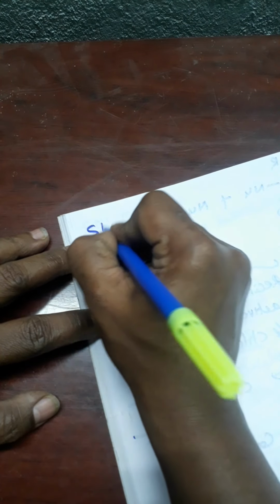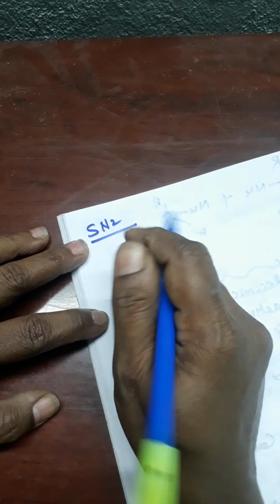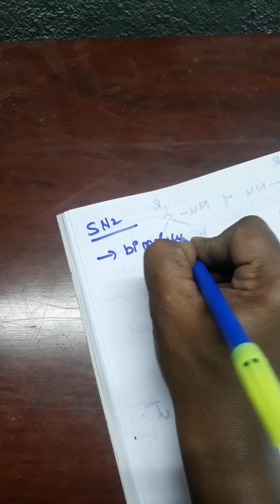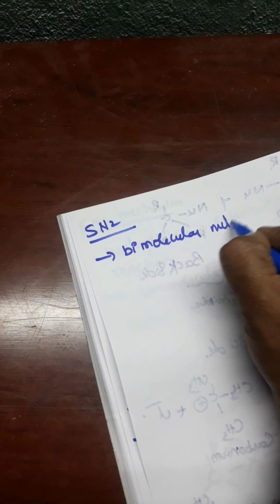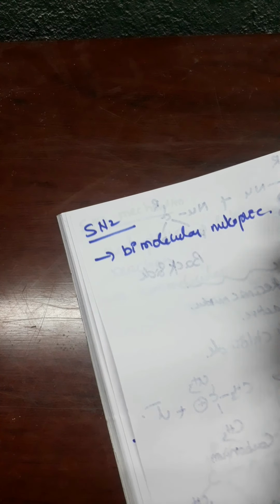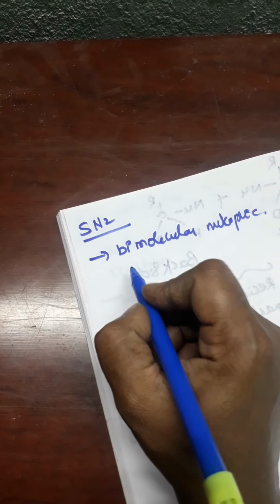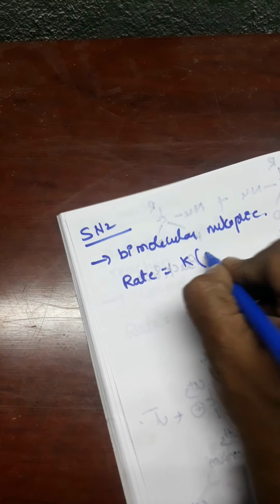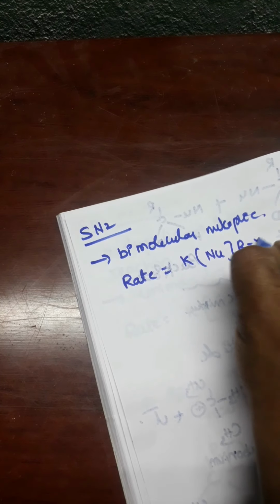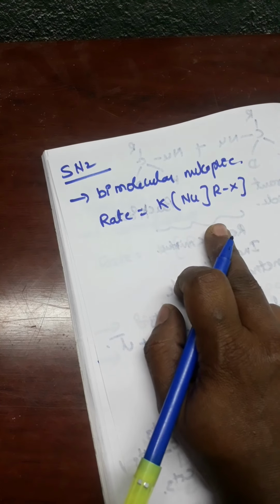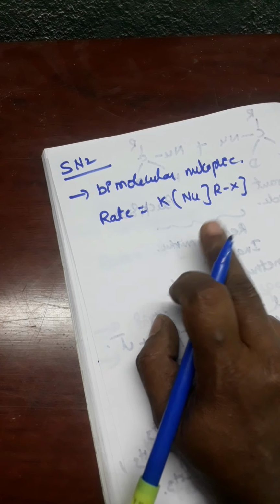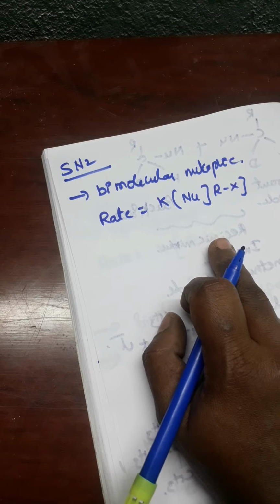Next, the second mechanism is the SN2 mechanism. It is a bimolecular nucleophilic substitution reaction, and this is mainly expressed by the rate equals k into Nu into R minus X. The rate determining step involves the interaction between the two species, the nucleophile and the organic substrate, and it is a one-step mechanism.